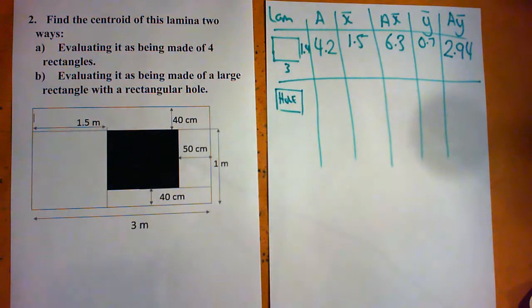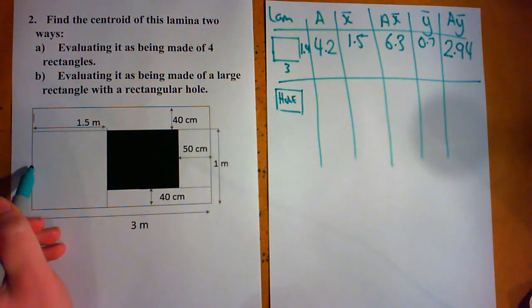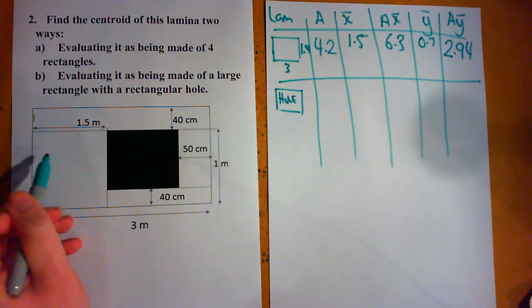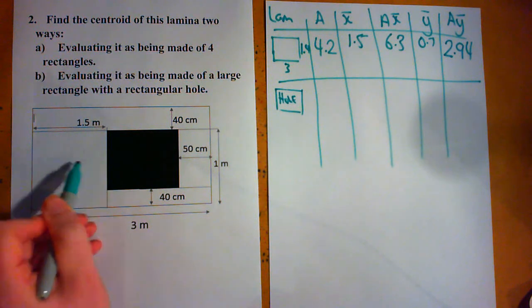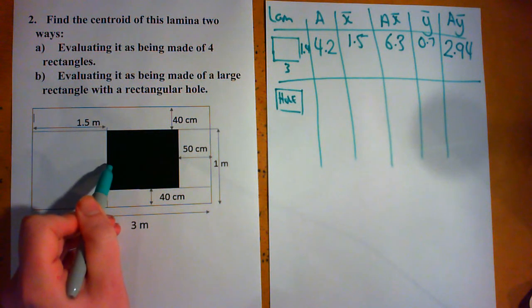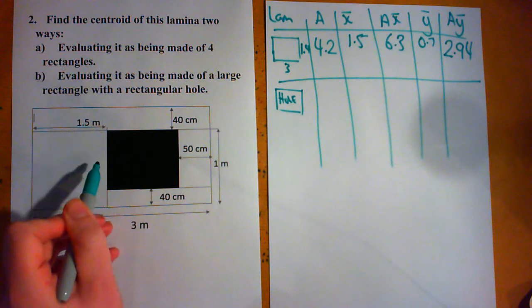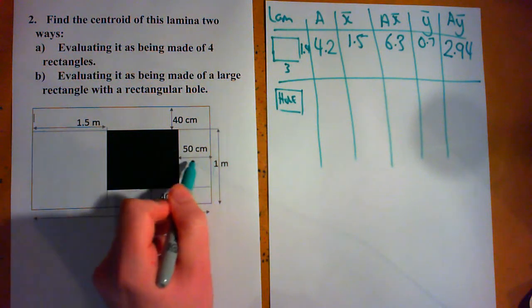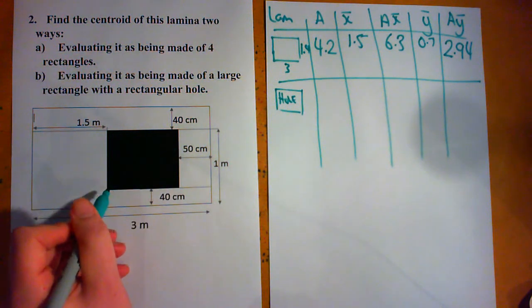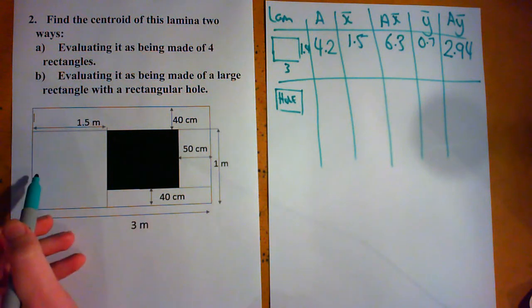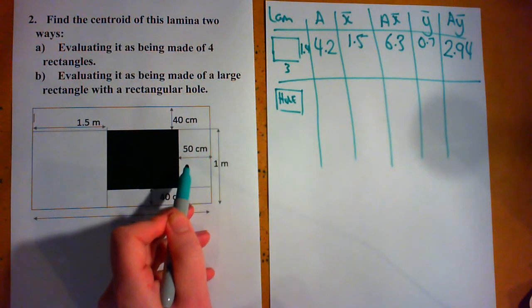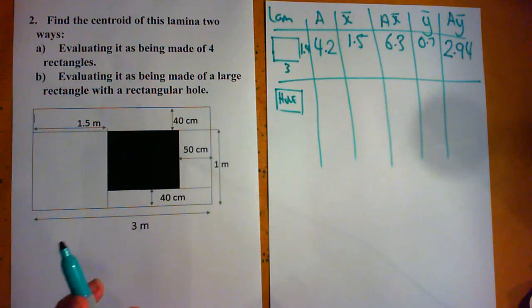So how wide is it firstly? From the left hand end up to the edge of the hole is 1.5 metres. So we've got 1.5 metres along here. We've got half a metre along here. So this must be 3 metres minus 1.5 metres minus 0.5 metres, which gives you 1 metre.